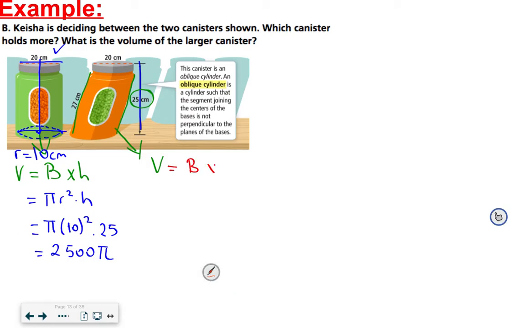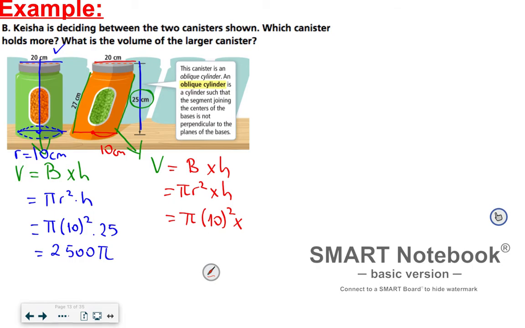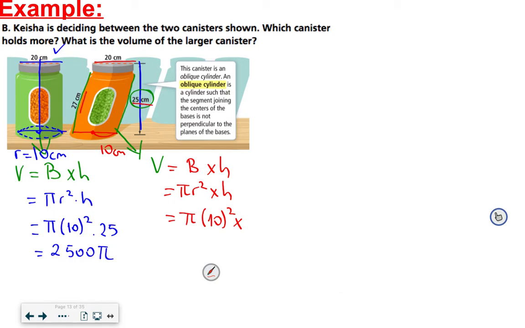base area times height, and the base is a circle, that's why the area is pi r squared times height. From here, the same idea: the diameter is 20, so the radius is 10 centimeters, pi times 10 squared times, which one do I need, 25 or 27?